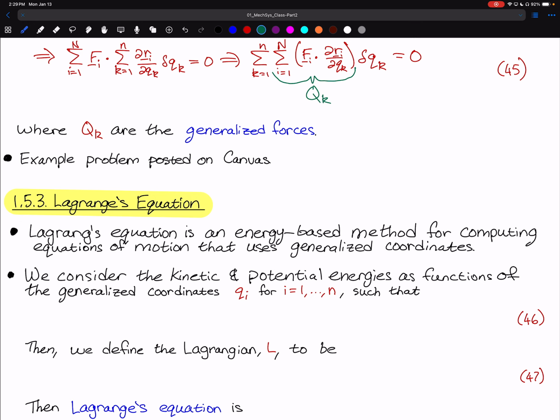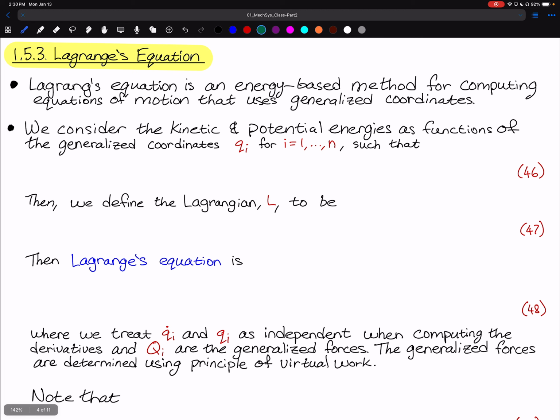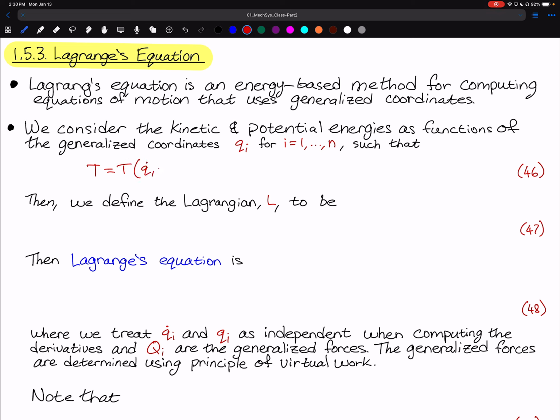We're going to say that the generalized coordinates are little q sub i, for i equals 1 to n, such that our kinetic energy, which we're going to call big T, is a function of q1 dot up to qn dot, and the potential energy, big V, is a function of q1 up to qn.